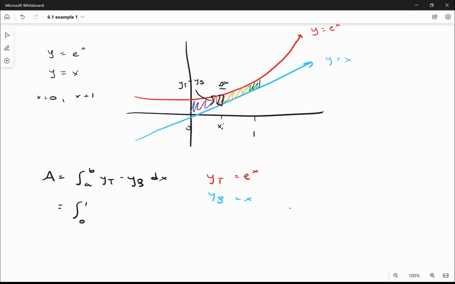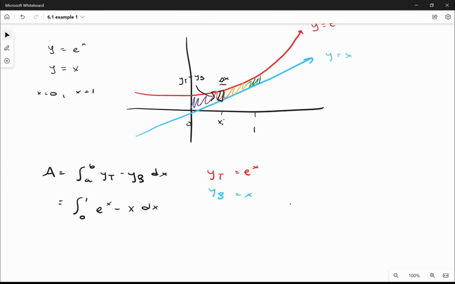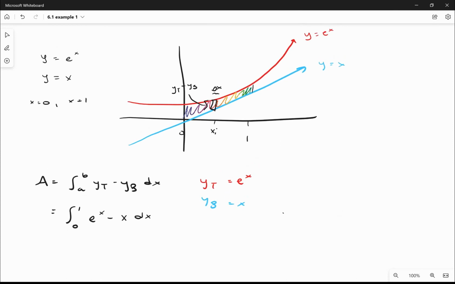So area is equal to the integral from 0 to 1 of e to the x minus x, right? And so we should hopefully know what the integral of e to the x is. That's one of the reasons why e to the x is such a special function, is its integral is just e to the x, right? I'm omitting the constant of integration.